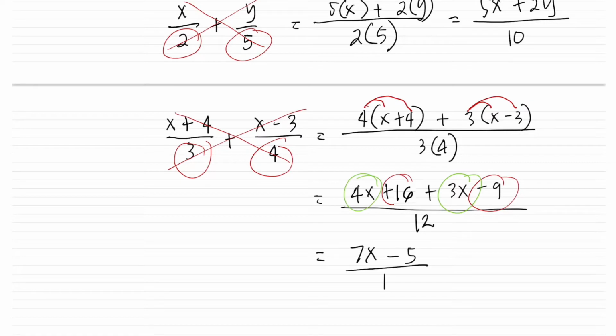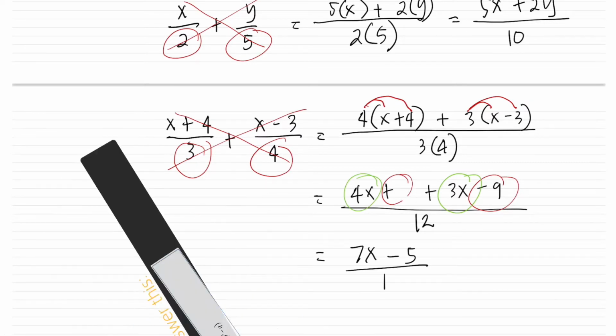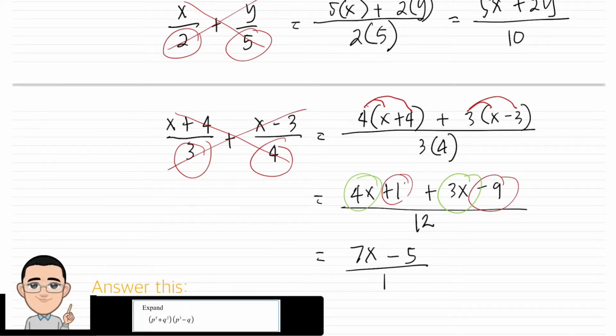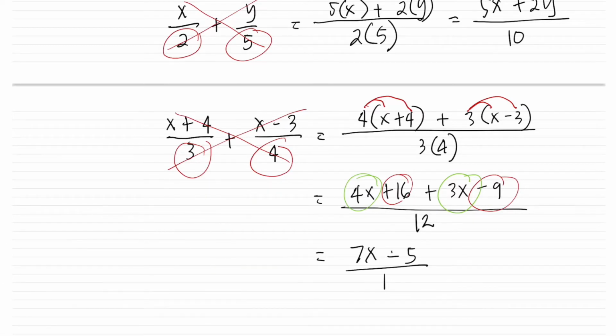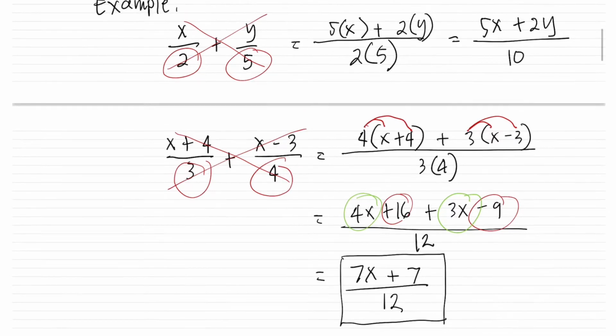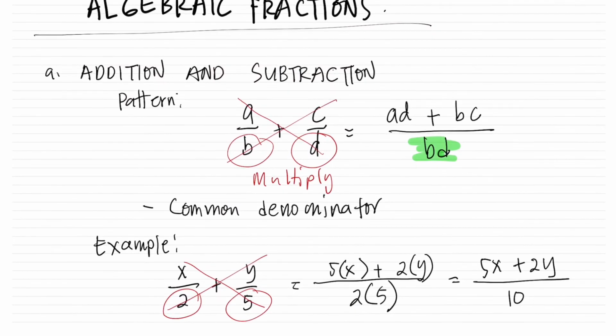Oh no, sorry, this is supposed to be 16. So when we combine, we have positive 7. So our final answer is 7x plus 7 over 12. Now we can't simplify it anymore. Alright, so let's review again.